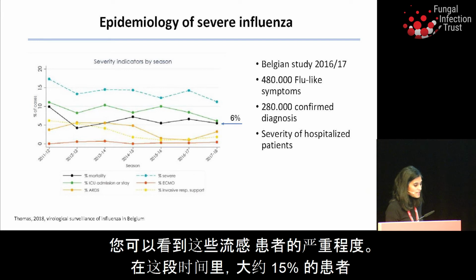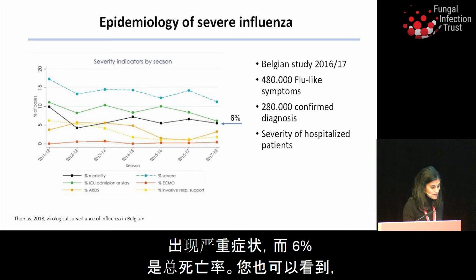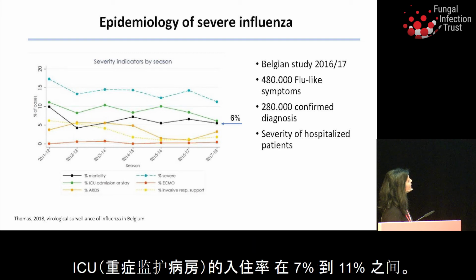Here you can see the severity of these influenza patients. Around 15% over this time period had a severe course, whereas 6% was the mortality overall. And as you can see here also, the ICU admission varied between 7% and 11%.